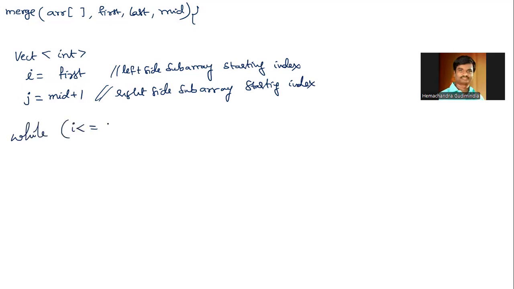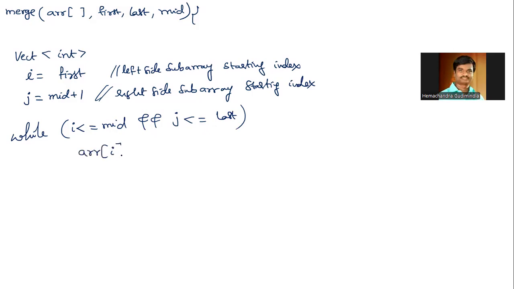Now what we are going to do here, while I is less than or equal to midpoint, that means the left side complete array. We are going to compare this. J is less than or equal to last index, right? Once this condition is true, what are we going to do?